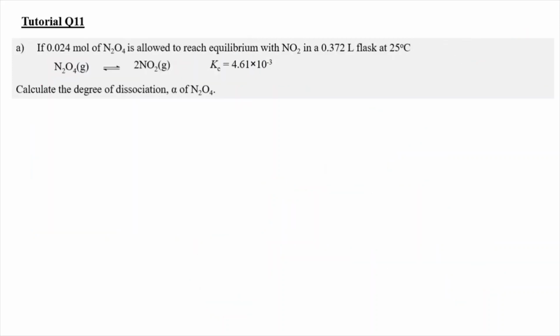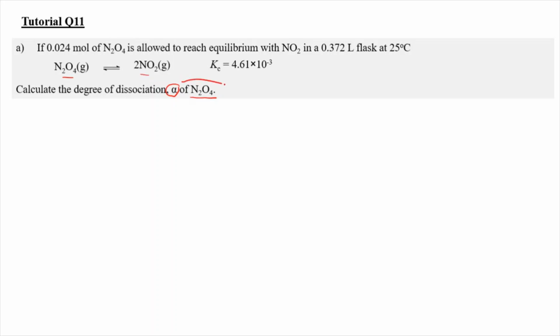So for tutorial question 11, if 0.024 mole of N2O4 is allowed to reach equilibrium with NO2 in a 0.372 liter flask at 25 degrees Celsius, we need to calculate the degree of dissociation alpha of the N2O4. The equation of the dissociation is given here.